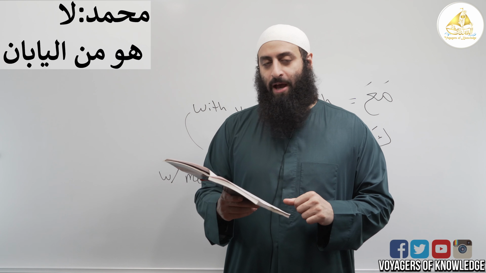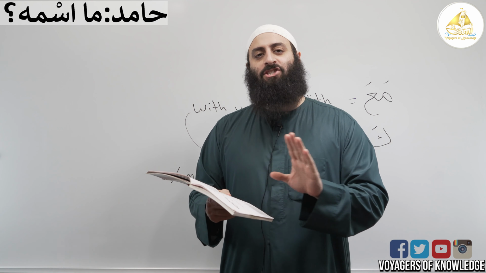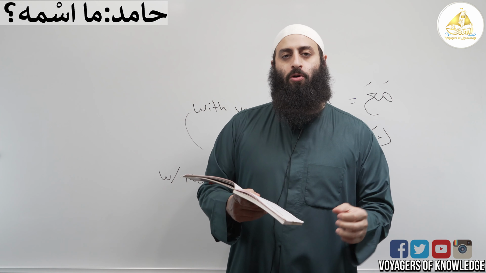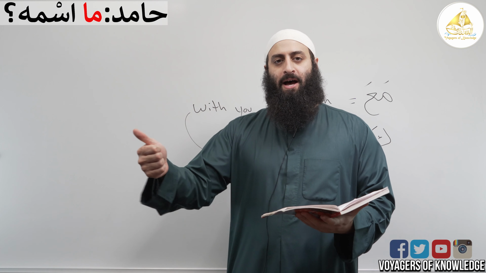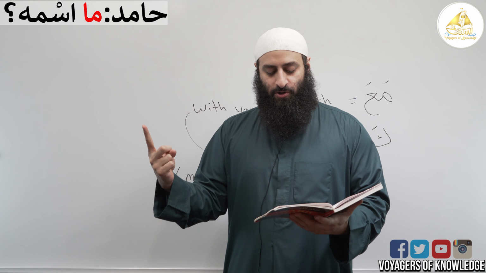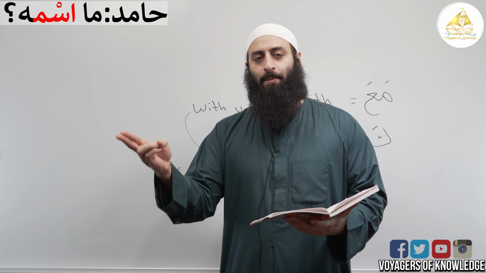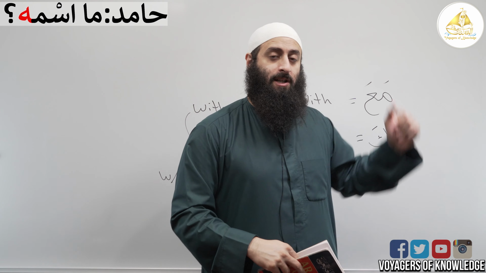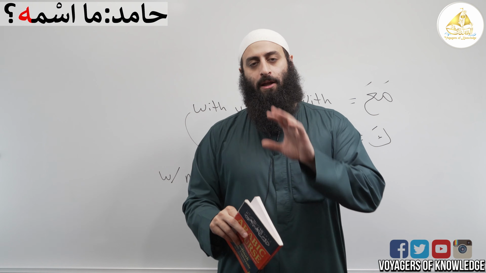لا هو من اليابان. ما اسمه. ما اسمه هو. 3 parts. ما is what is. Ism is name. And what's who? We wrote it on this side in the previous lesson for huwa and hiya.